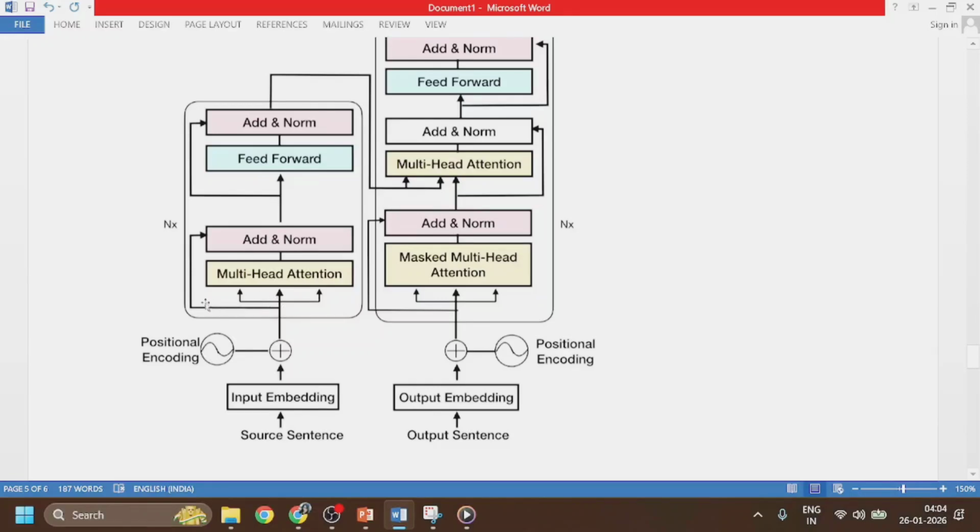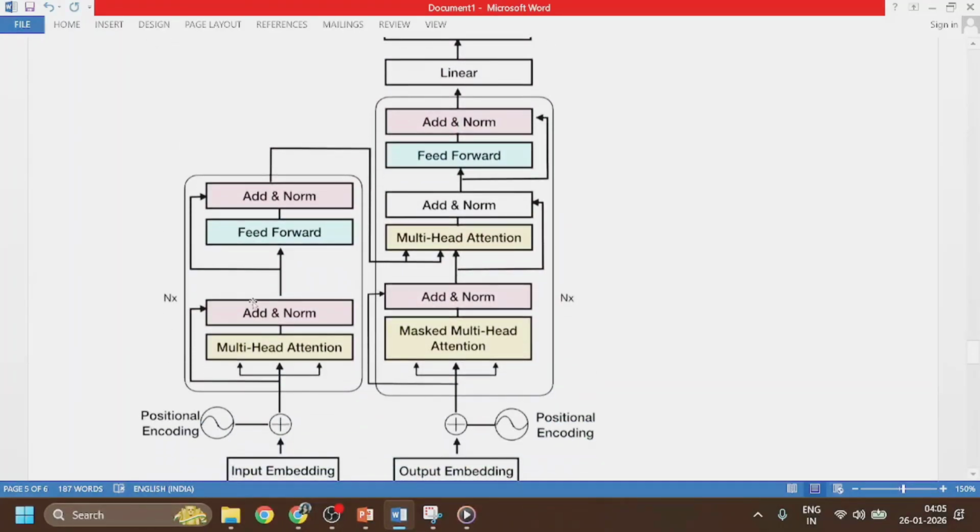This connection is called the residual connection. Normalize helps stabilize training and keeps values in a good range. This makes deep networks easier to train.